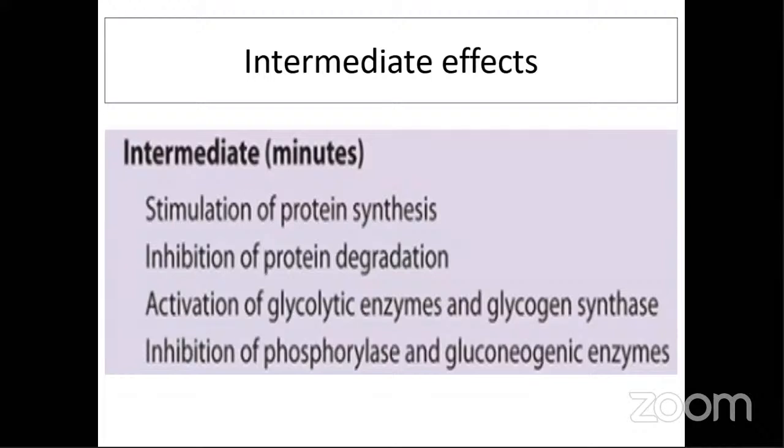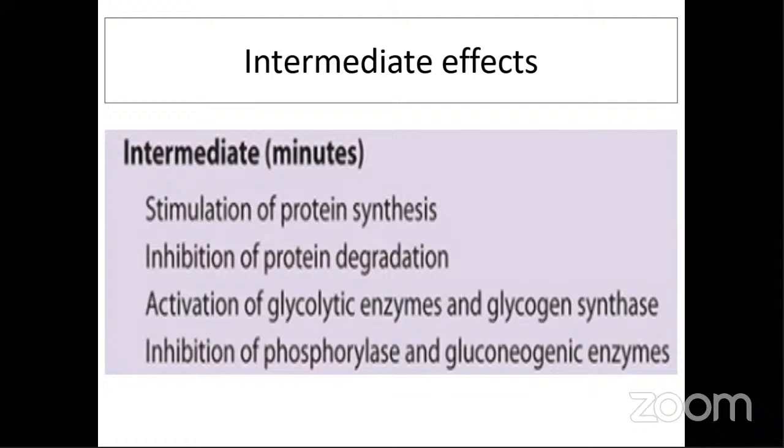The glucose which enters the cell will be channeled into the metabolic pathway and used up. Excess glucose will be converted into glycogen by activating the enzyme glycogen synthase. And also it inhibits phosphorylases and various gluconeogenic enzymes.